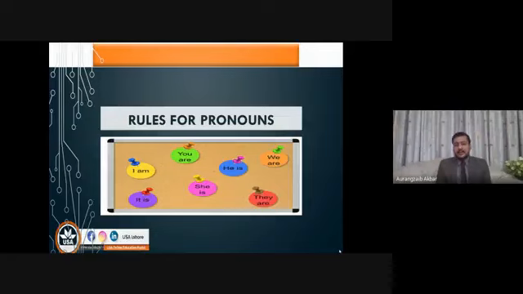There are three types of pronouns: first person, second person, third person. Within the first person there are singular I and plural we. Within the second person we have the same pronoun, you, for singular and plural. For the third person we have he for male, she for female, and they for the plural.